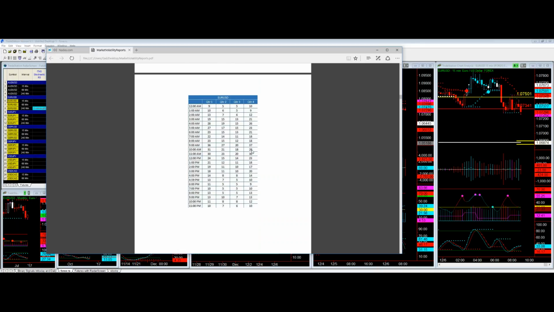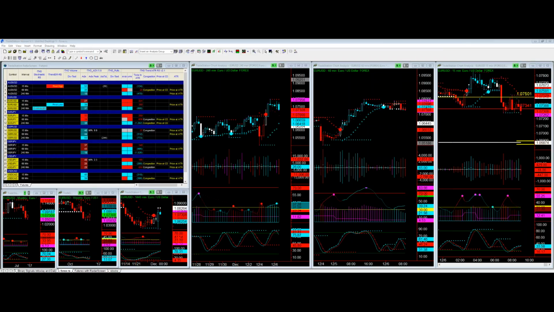It can move 28 pips, and it can move 37 pips between 8 and 9, and 28 pips between 9 and 10. So we very well could see a 32 pip movement.